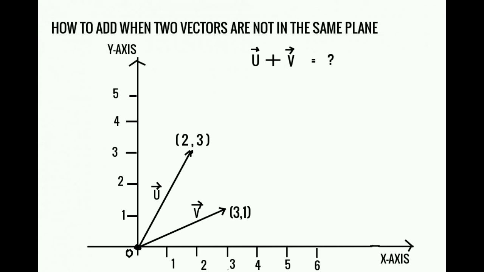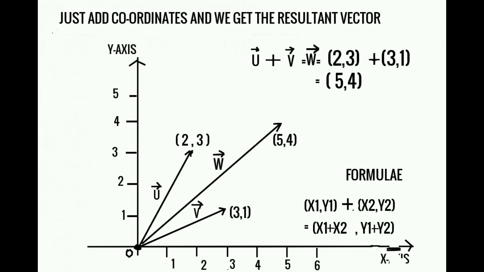Now what if the two vectors are not in the same plane? They both start from the same point but are not in the same plane. One is going in one direction, the other is going in another direction. What we do is just add the coordinates x and y. We have vector u with coordinates 2 and 3 and v with coordinates 3 and 1.